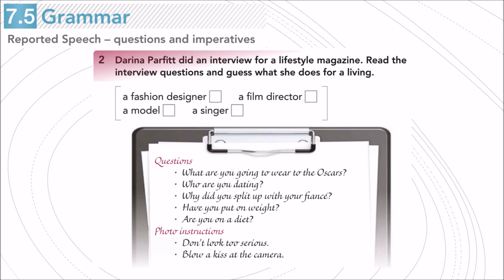From these two, we can guess that she has some popularity, but she's not used to being in front of a camera. A final clue that helps us guess is that she will be attending the Oscars, a grand event for people working in the film industry. With all these clues put together, we can tell that she is a film director.